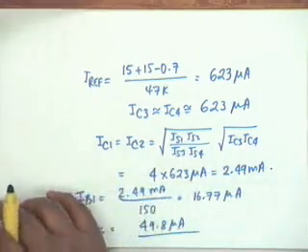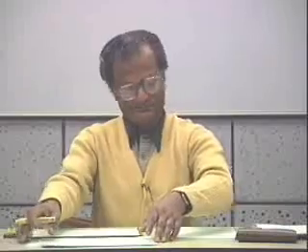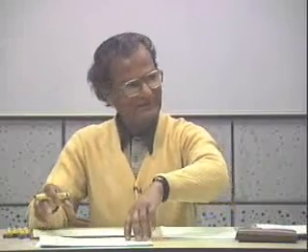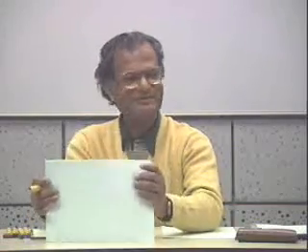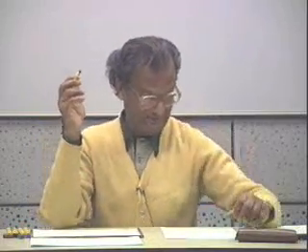So, in practice, these approximations are indeed valid. Why? 50 microampere and 623, approximately 12. No, it's more than 12. More than 12? Yes, 5 times 12 is 60. So 62 must be more than 12. Okay.